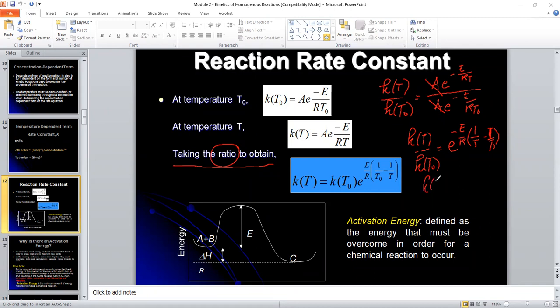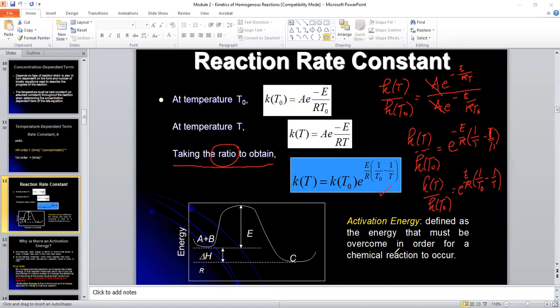So you have K sub T over K sub T sub O equal to E raised to E over R, times 1 over T sub O minus 1 over T. Okay? And then what else? This one goes here. You will have this.